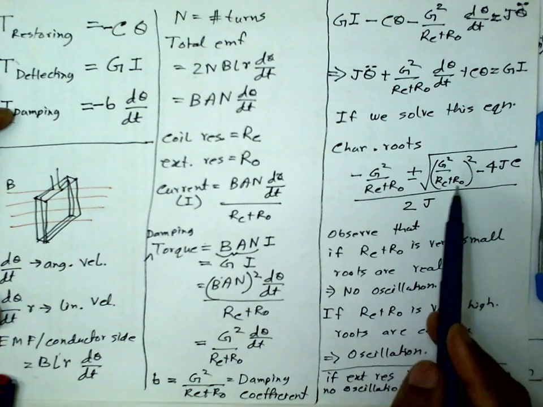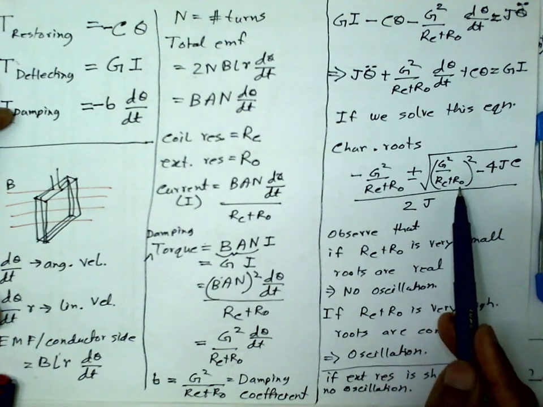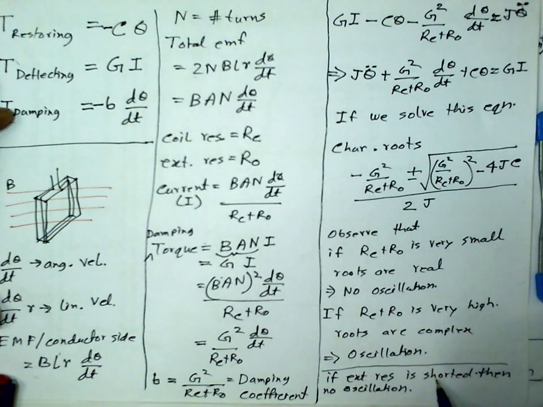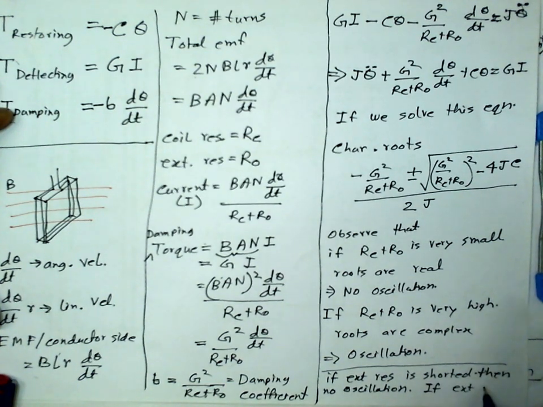Similarly, if the external resistance is very high, say it's open, then oscillation.